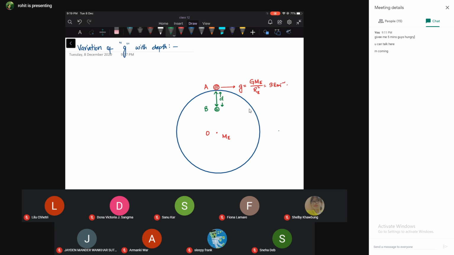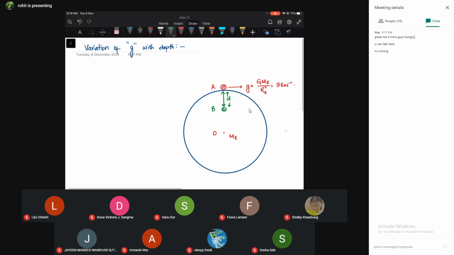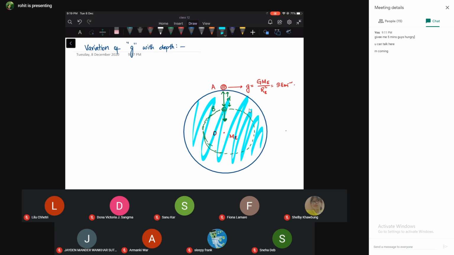Now, I told you yesterday, as we reach this point, this mass is still pulled towards the center of the earth because it is attracted to the earth, and it is accelerated towards the center. But the whole mass of the earth, let me show you what is the whole mass of the earth. This is the whole mass of the earth, which is going to pull you if you are present on the surface.